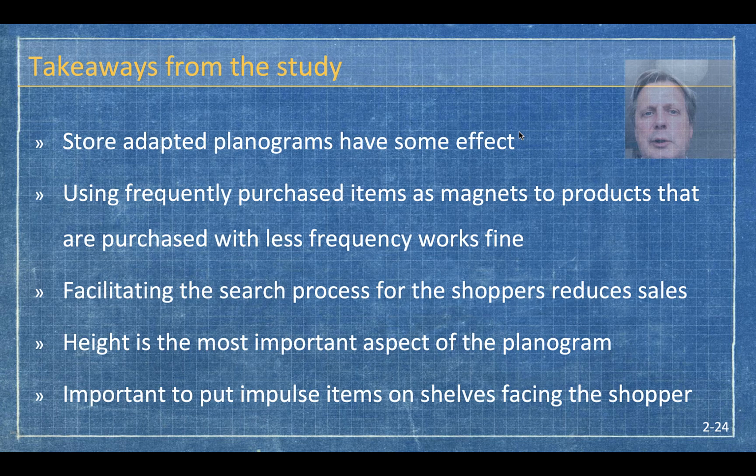Facilitating the search process for the shoppers reduces sales. If you compare that to what I talked about in the online versus offline, where I said that it's good to have organization for the browsing, for the first step, to get the shoppers to notice your category and stop there.